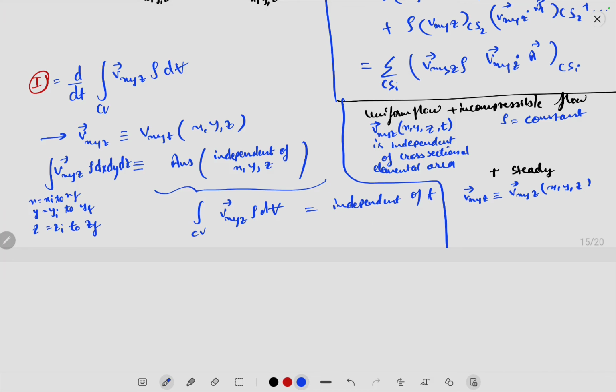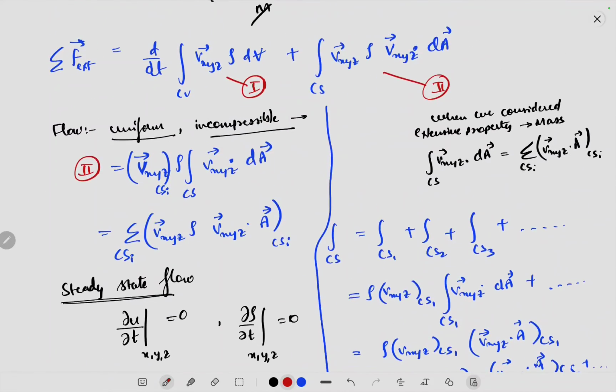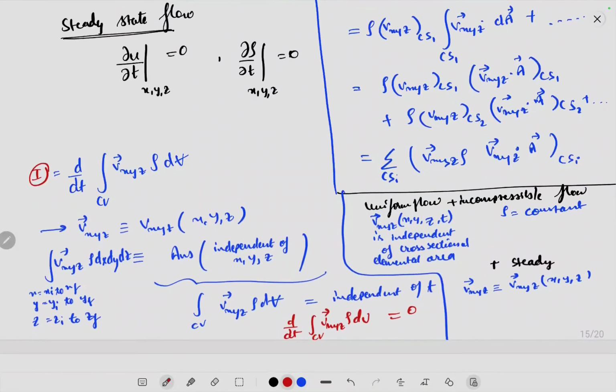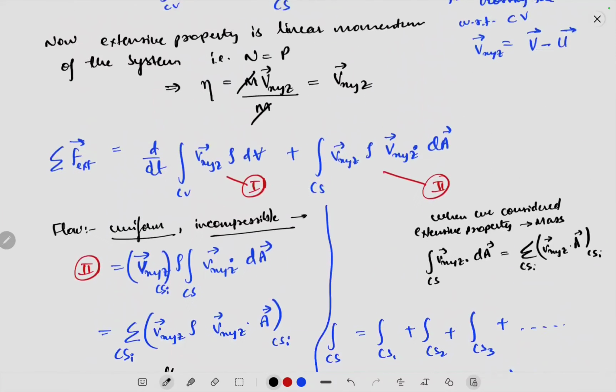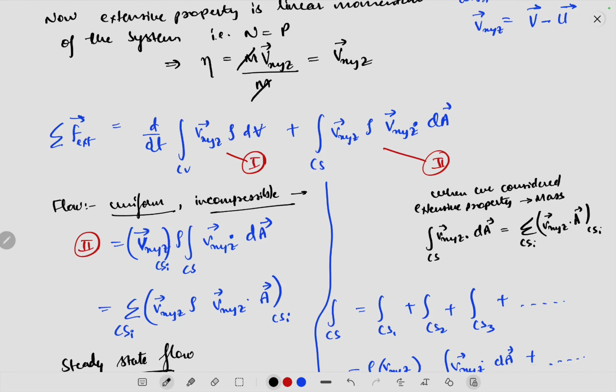Okay. And thus the derivative d by dt over the CV of Vxyz rho dV, this would become 0. Okay. So for uniform, incompressible and steady state flow, this term goes to 0.